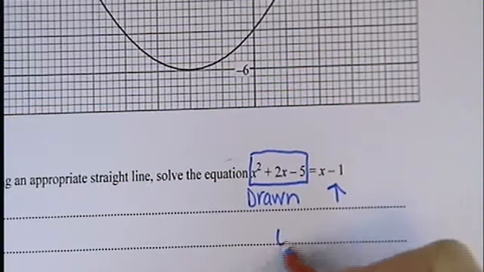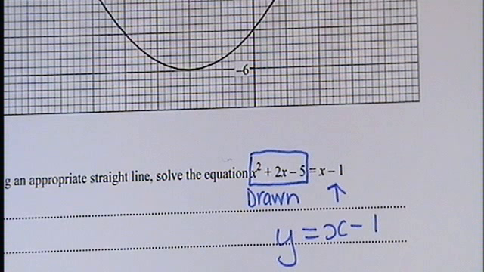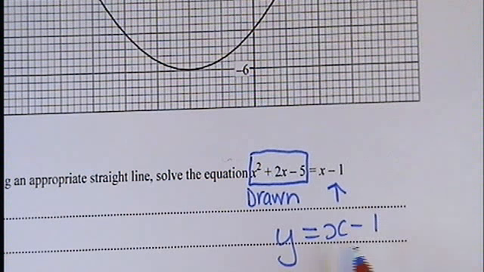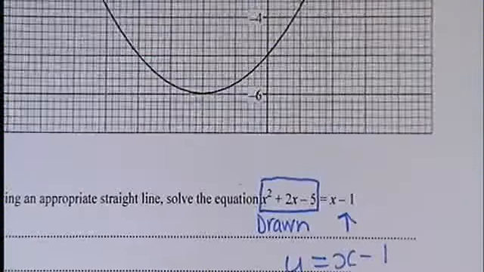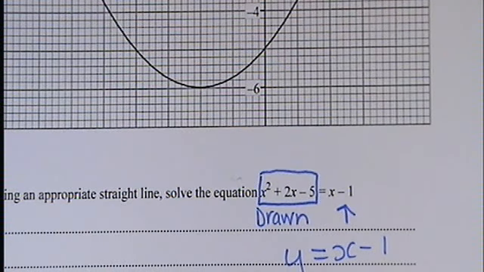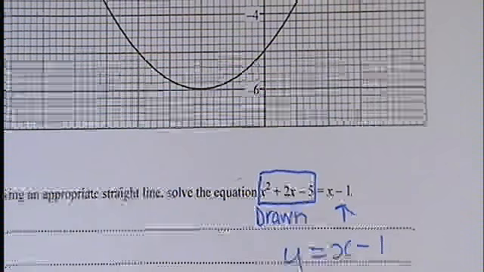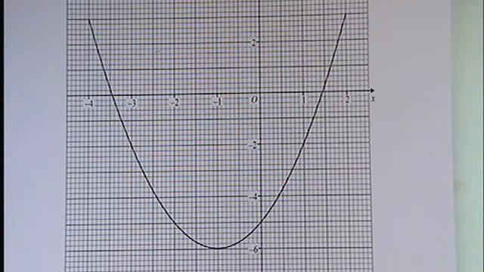So I'm going to draw the line y equals x minus 1. So we have an intercept of -1 and a gradient of +1. So y equals x minus 1 we need to draw on our graph, and where those two meet, that is the solution to what we have been asked to work out.